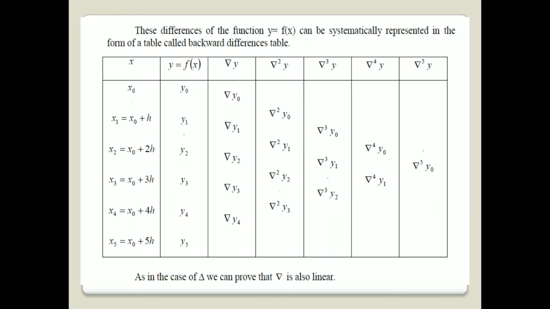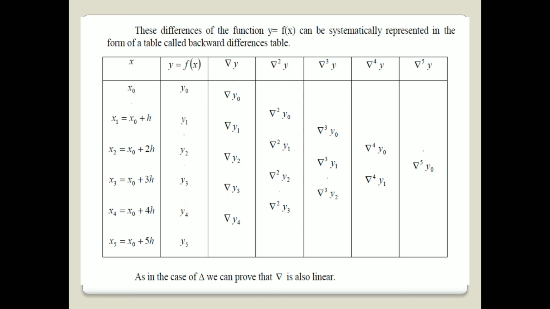Here we can see the difference table called the backward difference table. These differences of the function y is equal to f of x can be systematically represented in the form of the table called backward difference table. First column stands for arguments, second column stands for the corresponding values of function y.